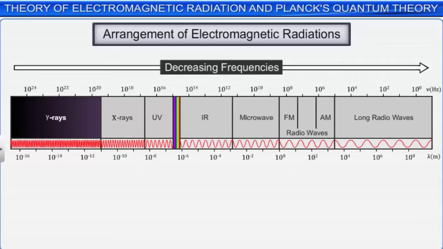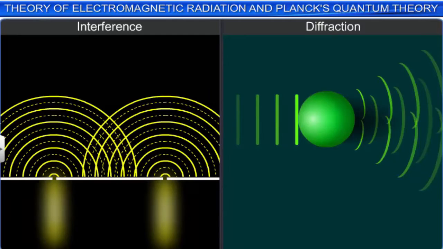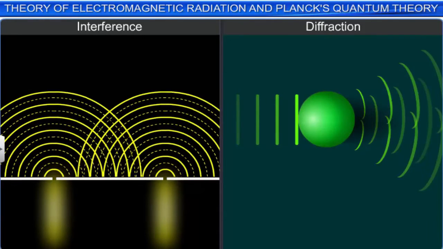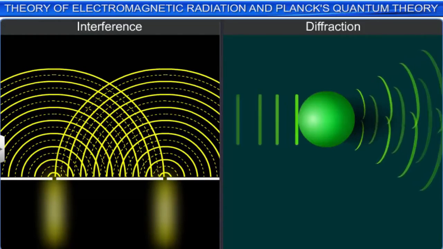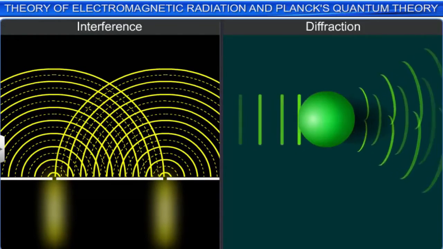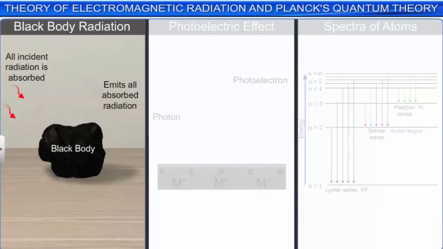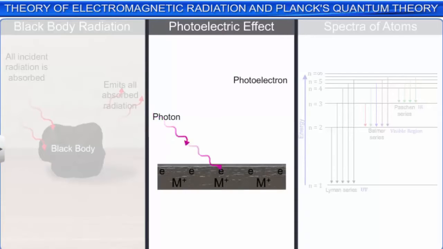The wave nature of electromagnetic radiation successfully explains the phenomena of interference and diffraction. But the phenomena of black body radiation, the photoelectric effect, and the spectra of atoms were not explained.